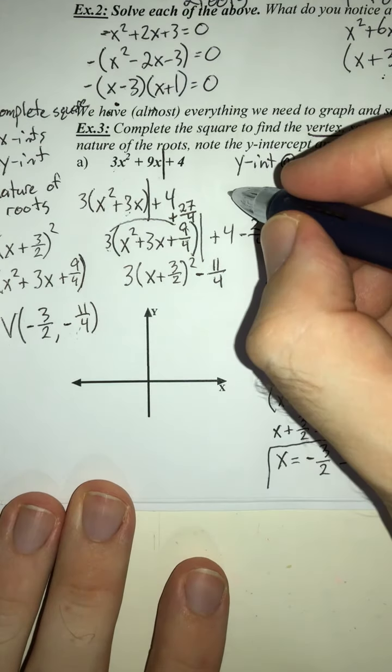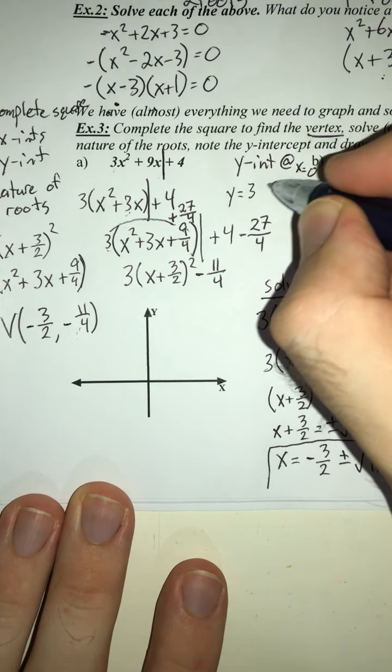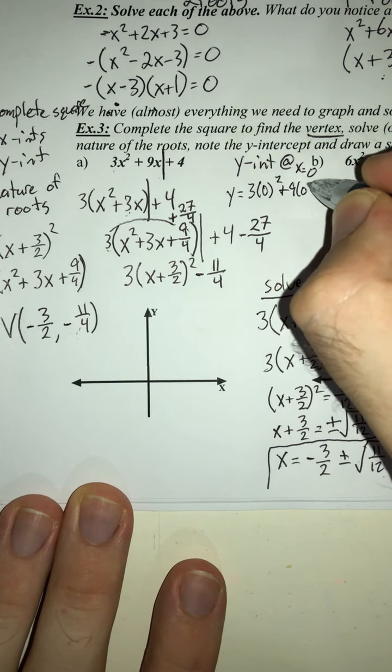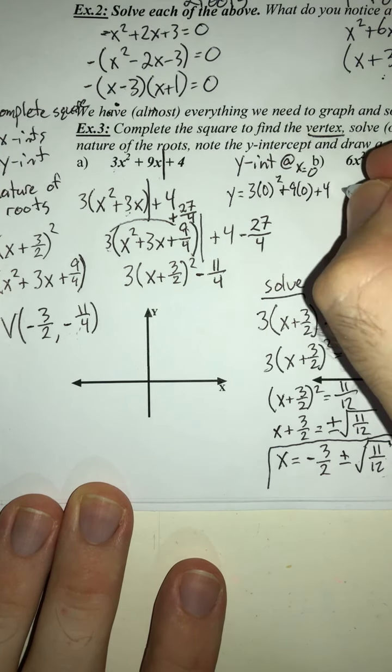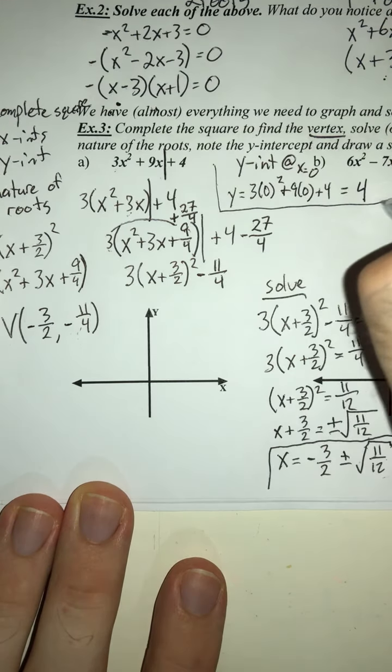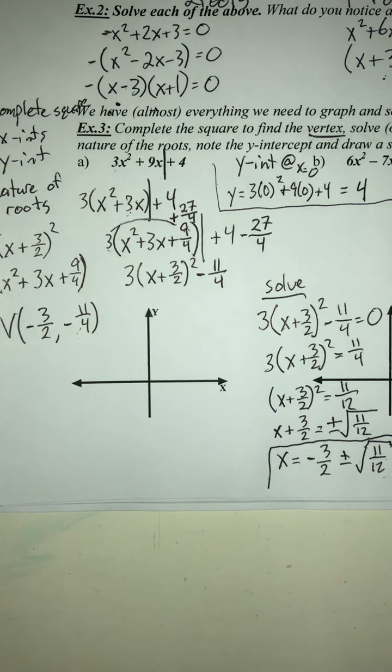So plug 0 into this. y equals 3 times 0 squared plus 9 times 0 plus 4, simply going to equal 4. So the y-intercept, not too bad. That's probably the easiest part you're going to have on this.